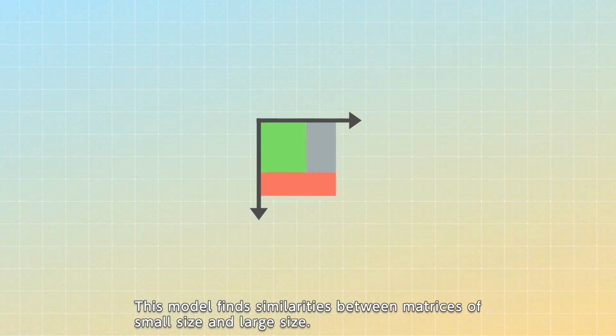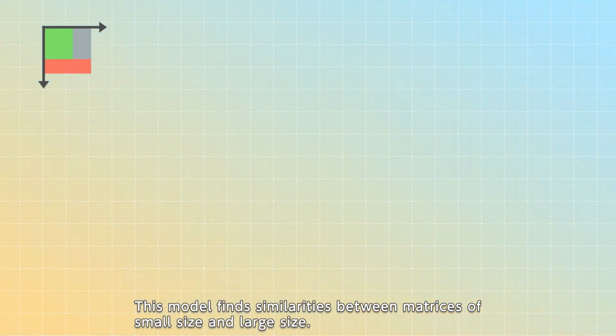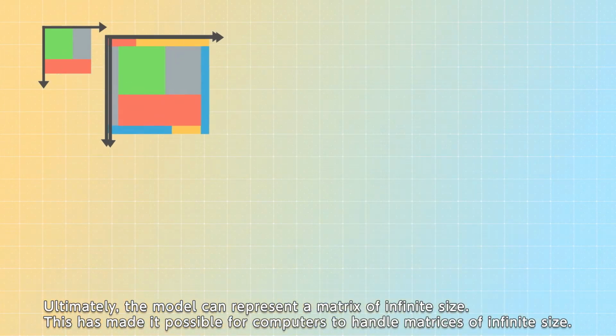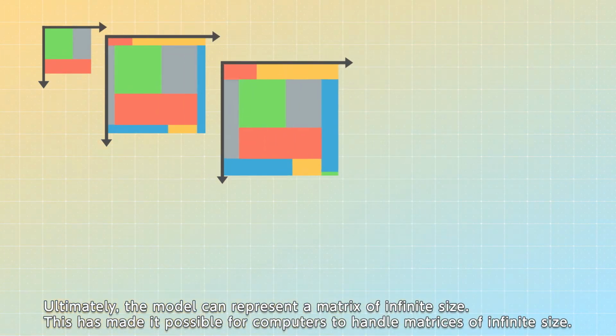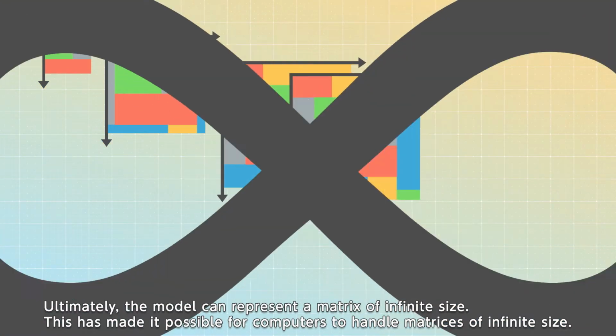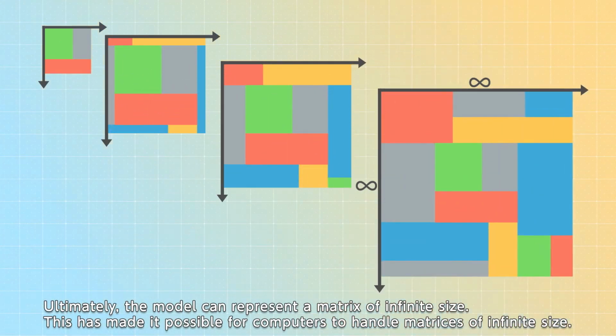This model finds similarities between matrices of small size and large size. Ultimately, the model can represent a matrix of infinite size. This has made it possible for computers to handle matrices of infinite size.